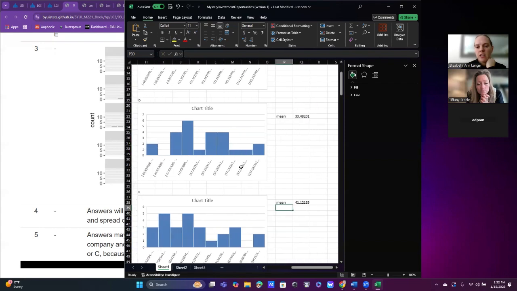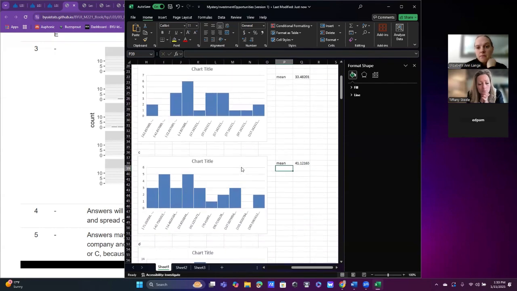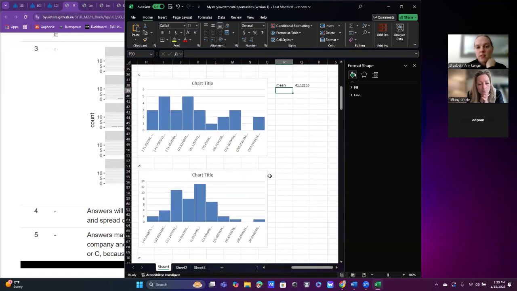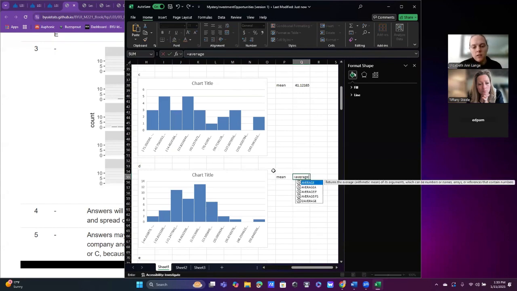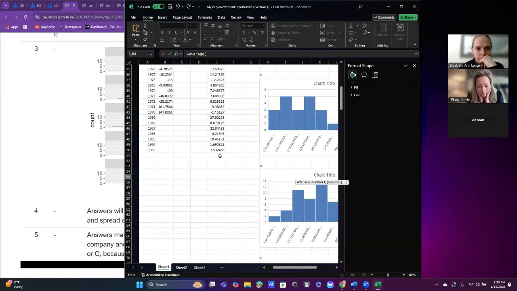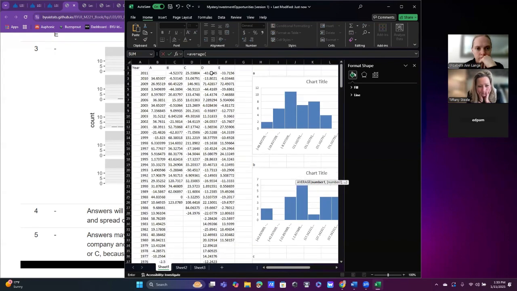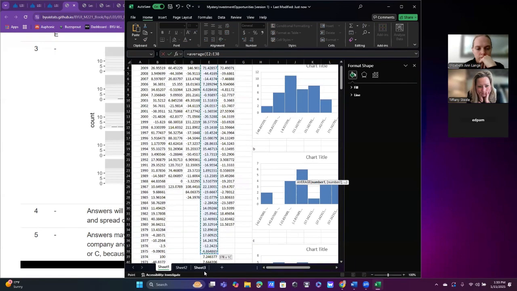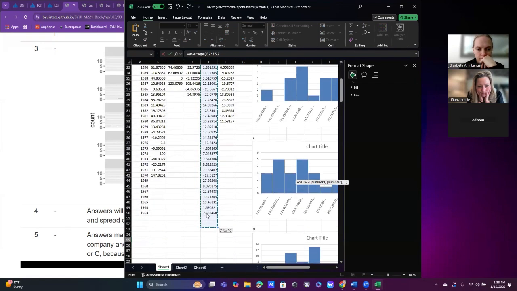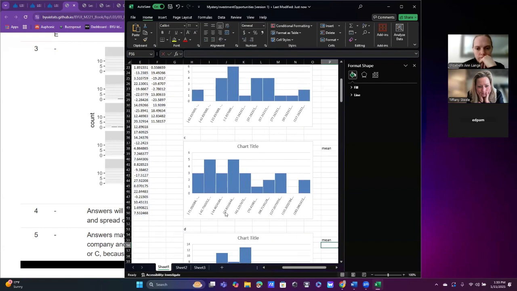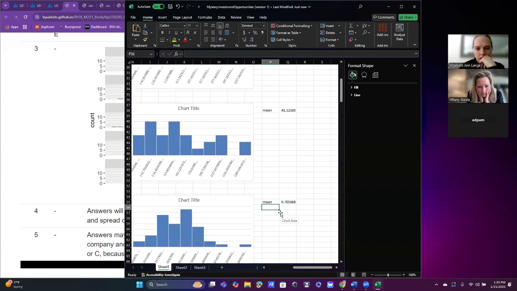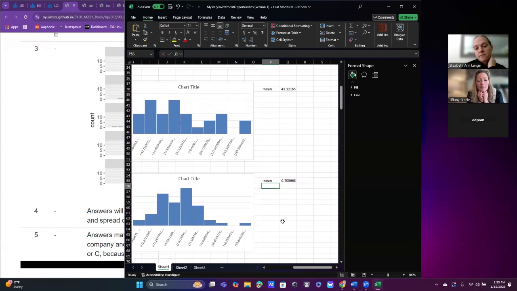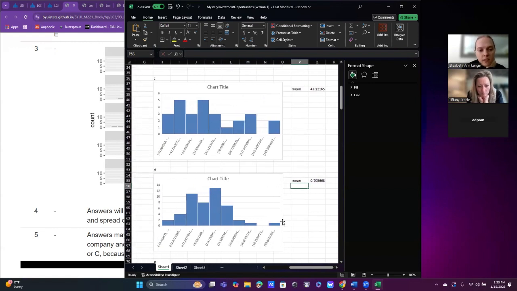Okay, so that was the mean for C, which has the highest. All right, so equals. Oh wow, that's a really low mean. I think that one had a lot of negatives actually.